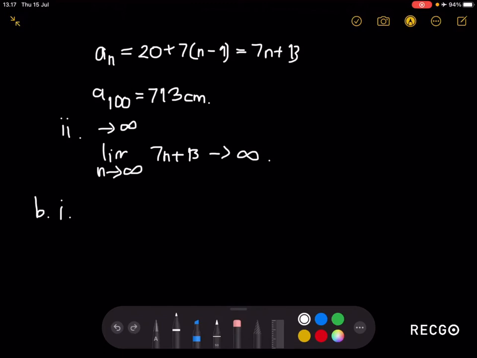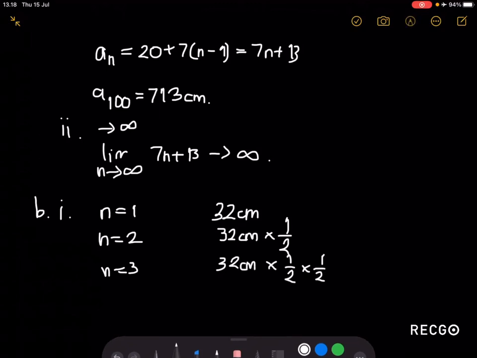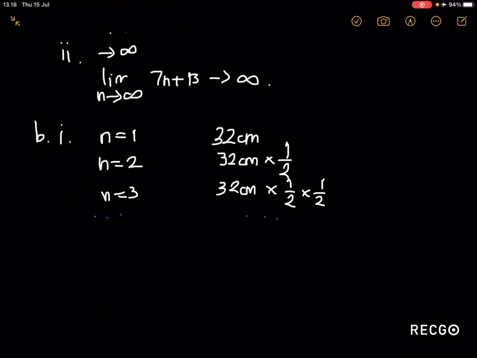Now let's observe values for n. For n equals 1, that will be 32 centimeters since it is the first rung. For n equals 2, it will be 32 centimeters times a half, since a rung is half the length of the previous one. And n equals 3 is very similar, and so on. Notice that this looks like a geometric sequence, and indeed it is.